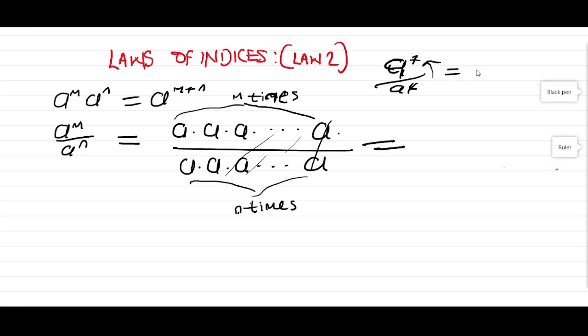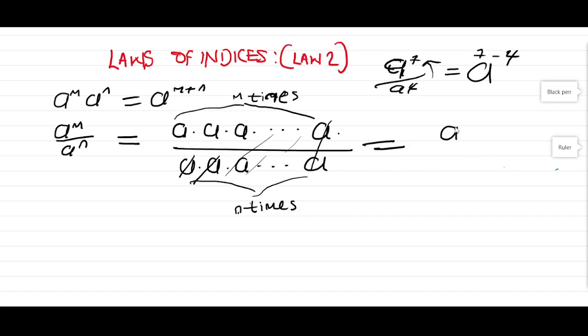So usually the answer is going to be written a, and then the exponent is 7 minus 4. So here now, because from m we take out n, our answer should be in the form of a to some power. For the denominator, all the n will be cancelled out, so we only have the numerator left for us.